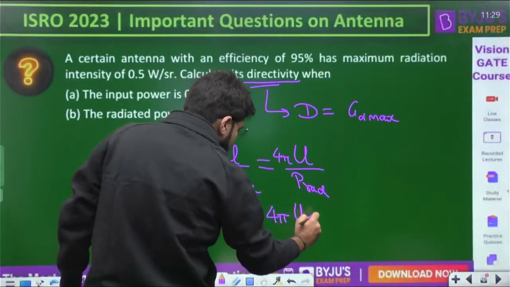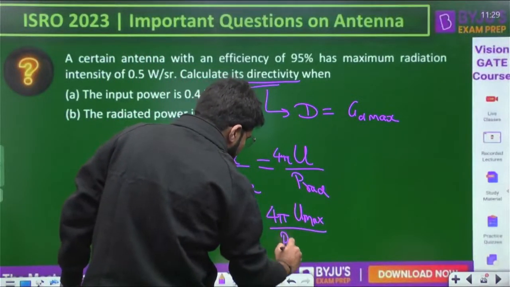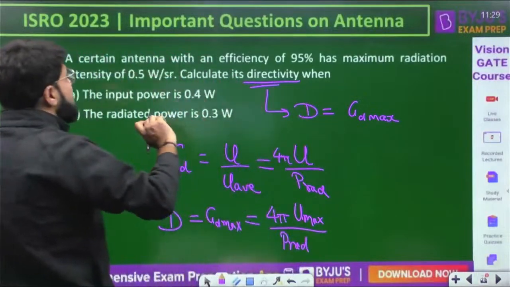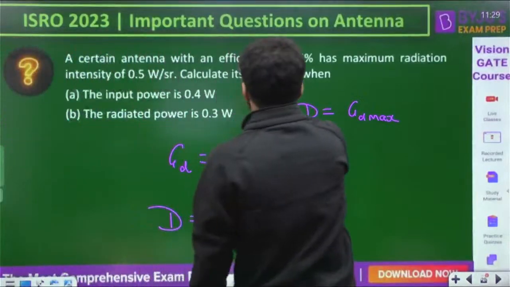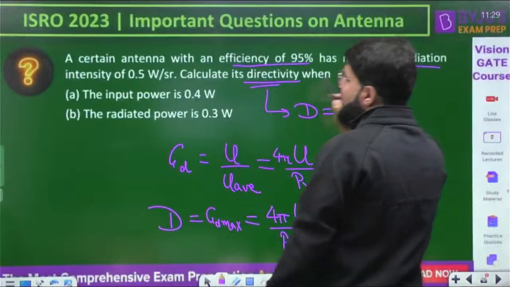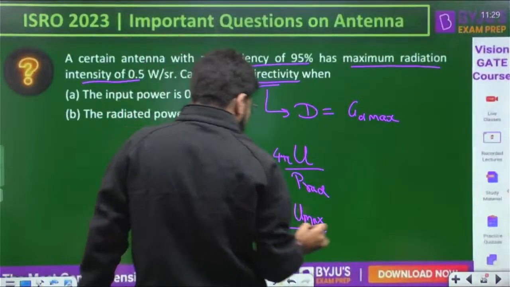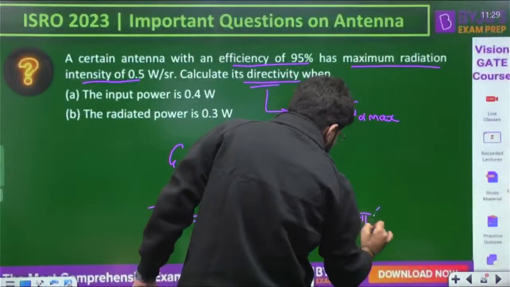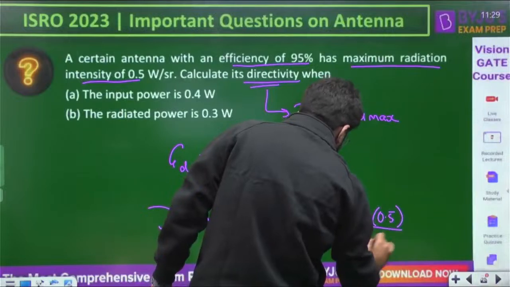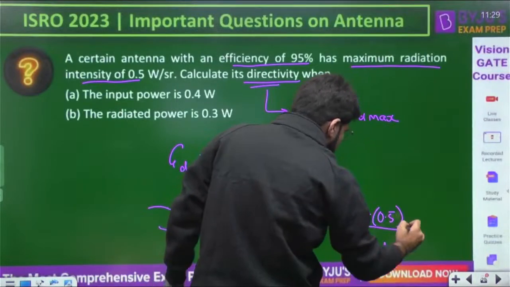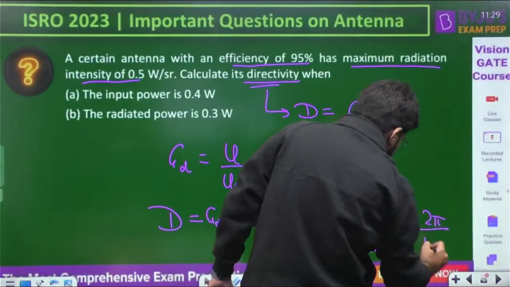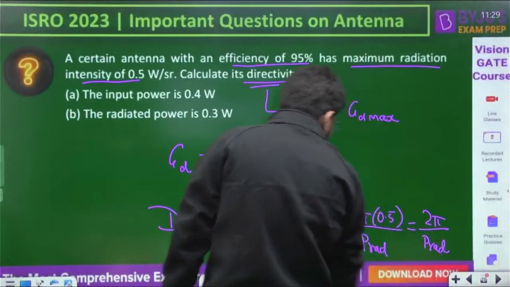So that will become 4 pi U max upon P rad. Here the maximum radiation intensity is given. Efficiency is given, and the maximum radiation intensity of 0.5 is also given. So that is the specified term 0.5, and then divided by P rad. So this becomes 2 pi divided by P rad.